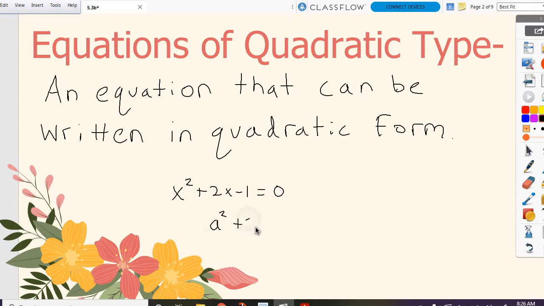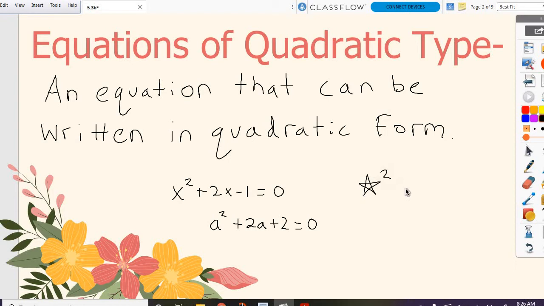I could have things with a's or other types of variables. Basically, what the quadratic form is that it's something squared, something to the first power, and then a constant. Okay? But now, remember that that constant is sometimes 0, but for the most part, we're looking at some constant number. And so this could be anything.